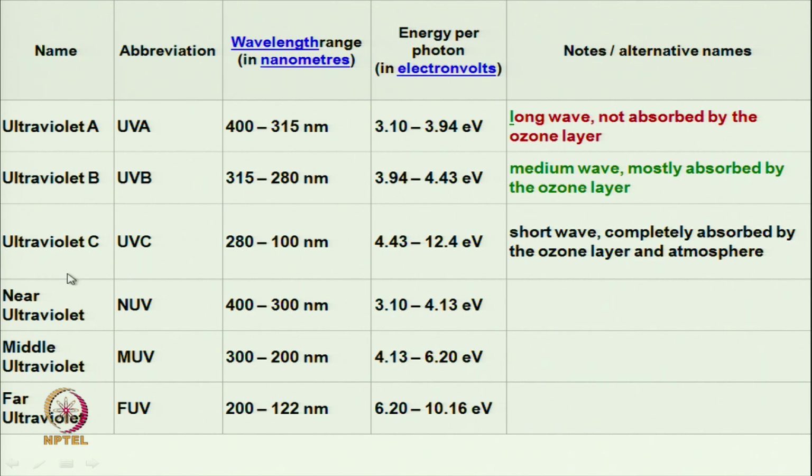And short wave, that is UVC, 280 to 100 nanometer, it is 4.43 to 12.4 electron volt, and it is completely absorbed by the ozone layer. So, short wavelength UV rays are absorbed, and UVD is much shorter wavelength, they are completely absorbed, they do not come to the earth.